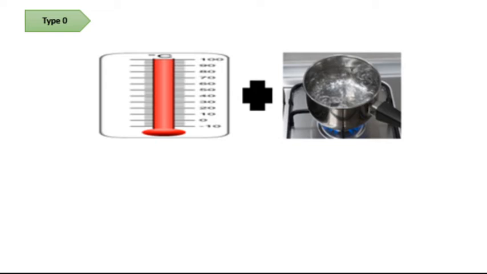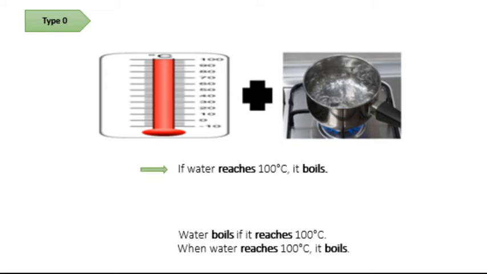The answer is, if water reaches 100 degrees Celsius, it boils. We can also say water boils if it reaches 100 degrees Celsius. Here we can change the order, but the meaning is the same.